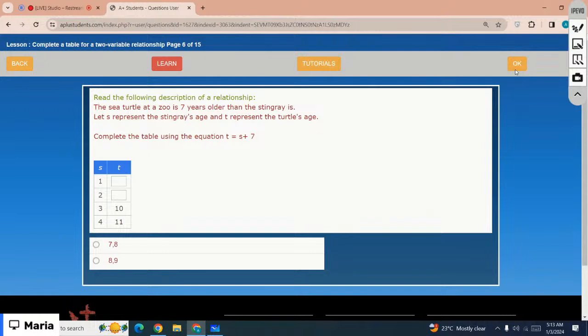The sea turtle at a zoo is 7 years older than the stingray is. Let S represent the stingray's age and T represent the turtle's age. Complete the table using the equation. So which is the correct option?